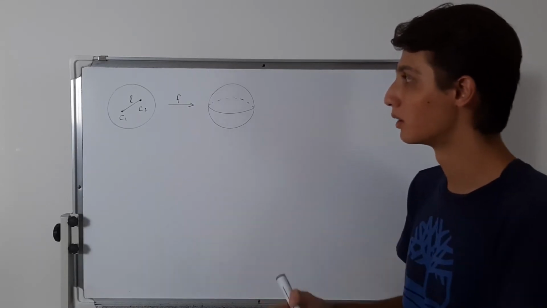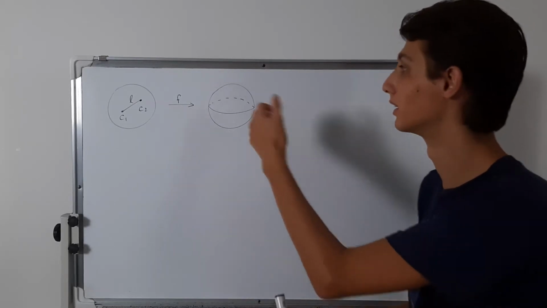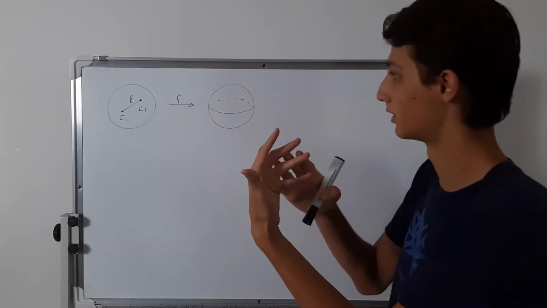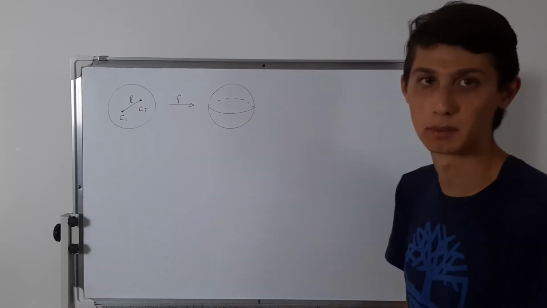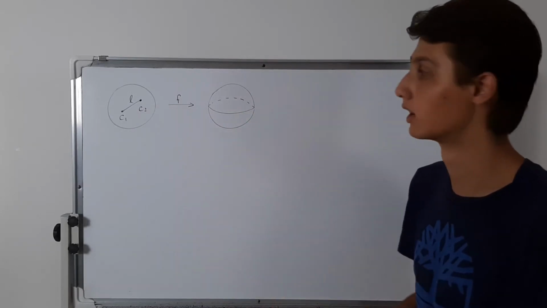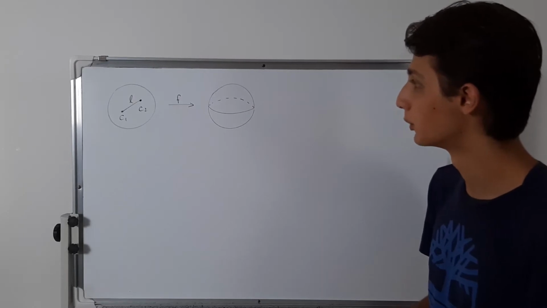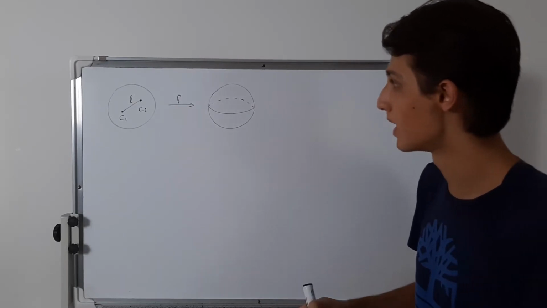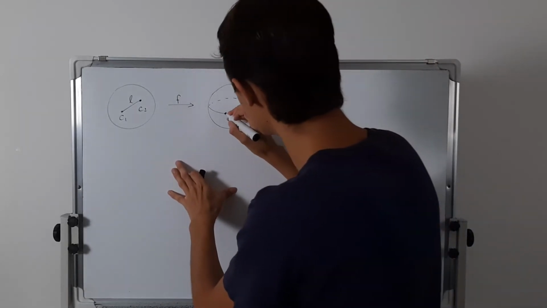I wouldn't really know what side it gets mapped on, whether this side of the sphere or the back side. I guess just for the purposes of this, C1 and C2 get mapped to the front of the sphere, just for simplicity, all right? And they're going to be mapped to some point, and it's going to look weird to draw it in 3D space, but I'm going to try.